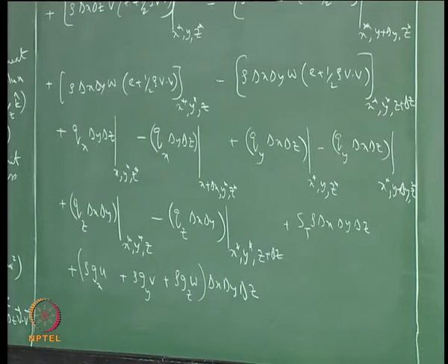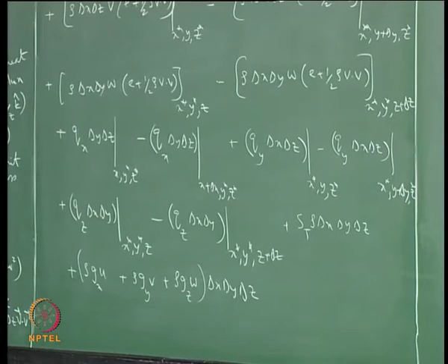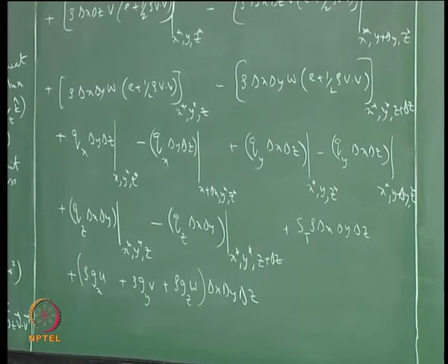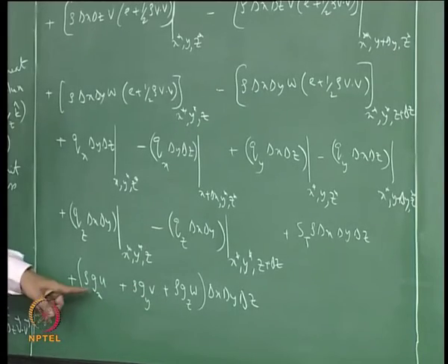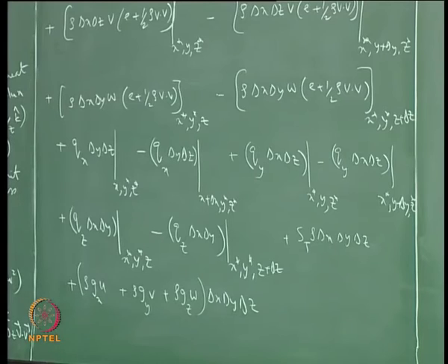So this is the contribution of the gravitational force as the only non-zero body force that we are considering, and gx, gy, gz are the 3 components in the x, y, z direction, so the gravitational vector.